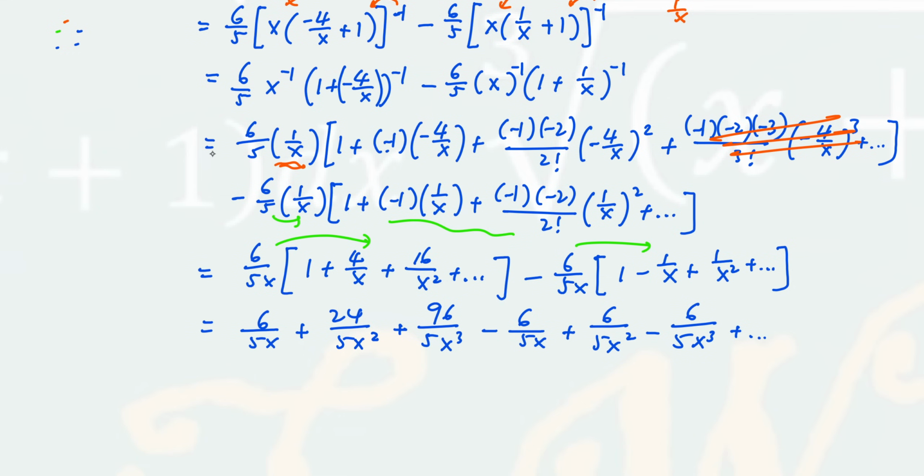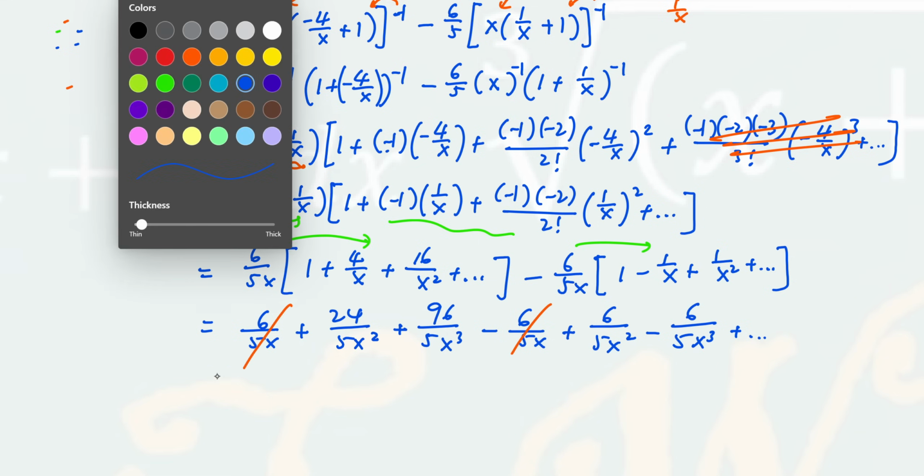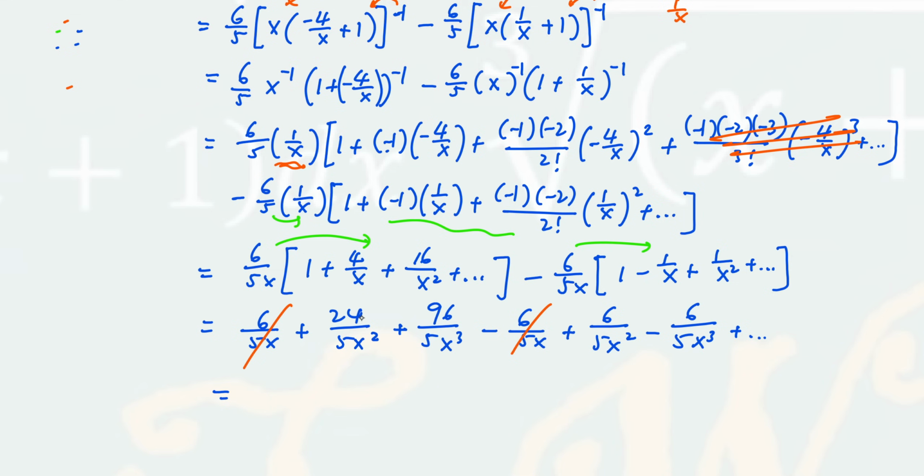Okay, so then from here, I can simplify all my terms. First and fourth term will be cancelled off. Then you will be getting 24 over 5x squared plus 6 over 5x squared. So that is going to be 6 over x squared. Alright, and then the 96 over 5x cubed minus 6 over 5x cubed, that is simplified into 18 over x cubed.